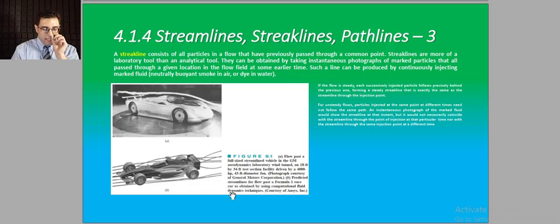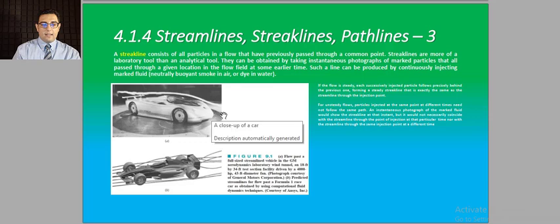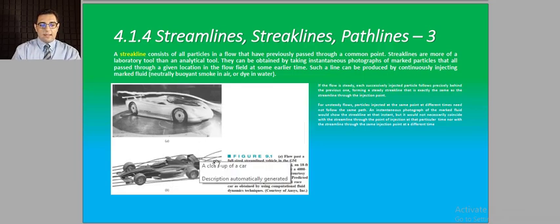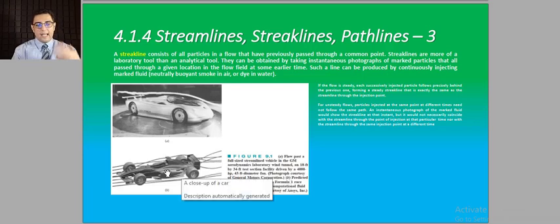As you see in this figure, it's demonstrating the flow motion across a car body, and under it we can see how it's analyzed by Fluent or any other fluid mechanics software.